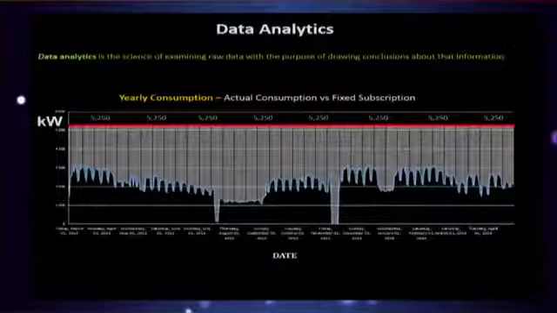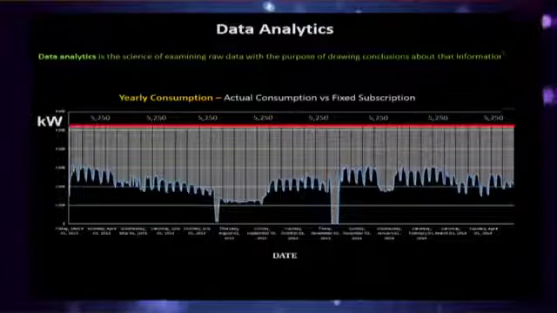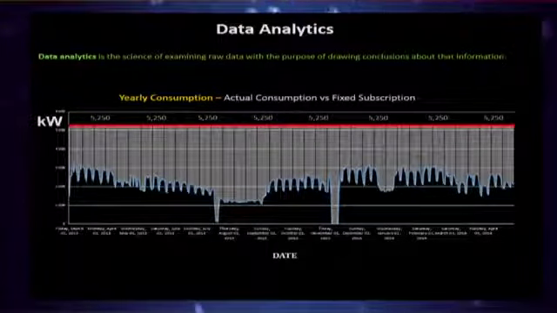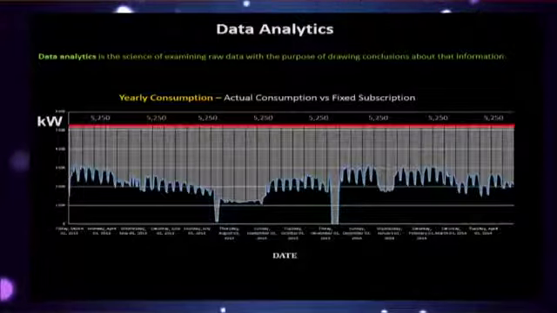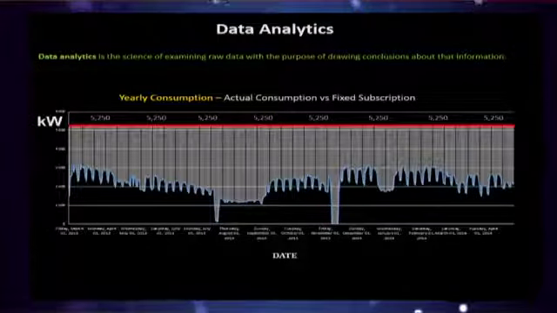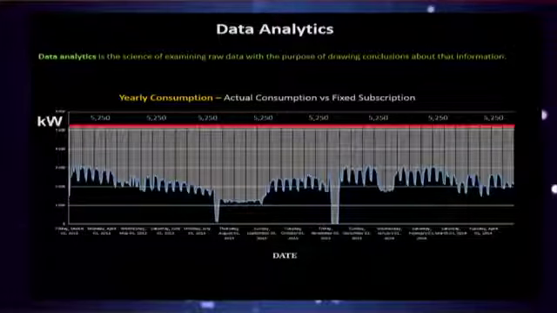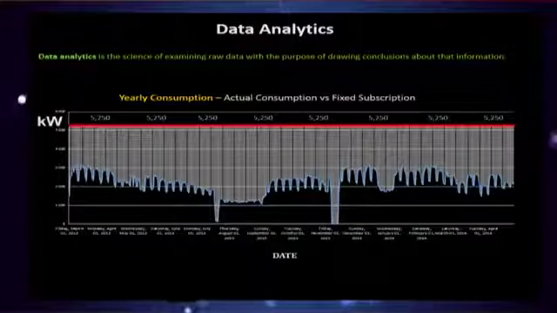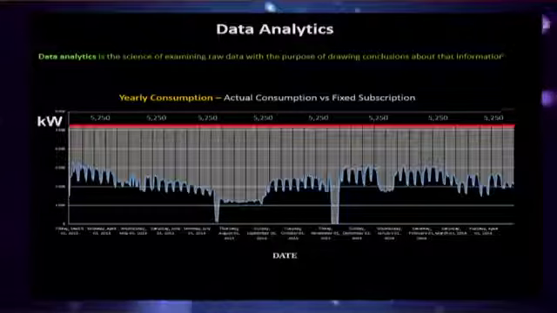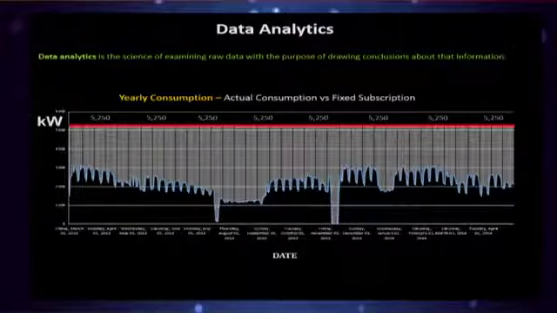Here's an example of the EDF contract with Lille 1 University. Before the smart meters and this system were implemented, the university had no idea how much it was consuming, what the demand was. They used some kind of formula to generate what the university should consume.